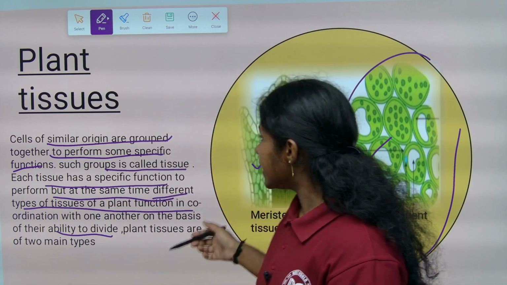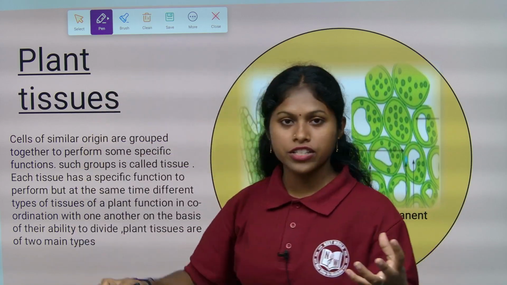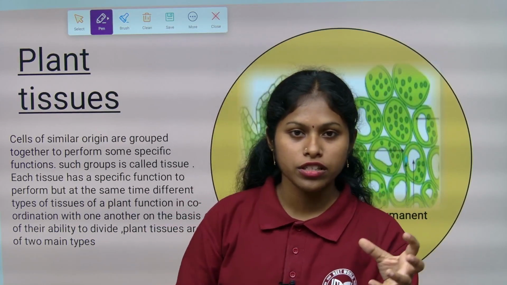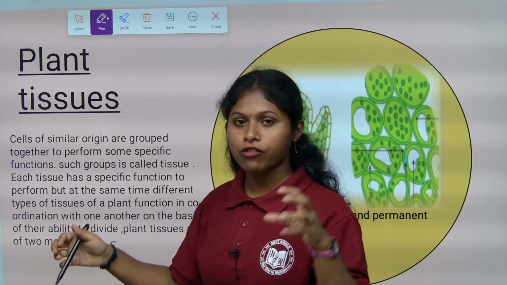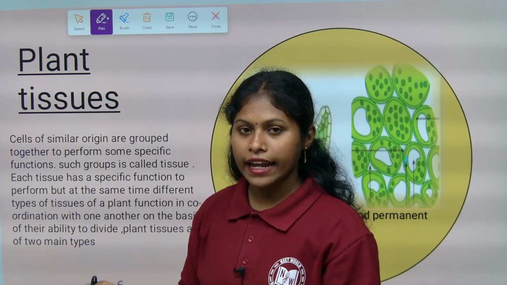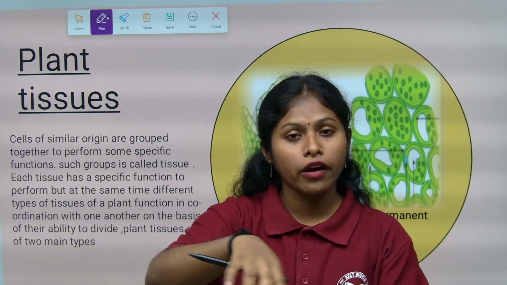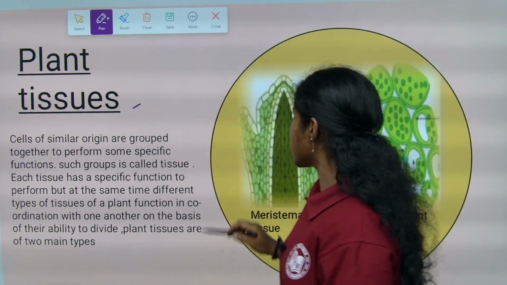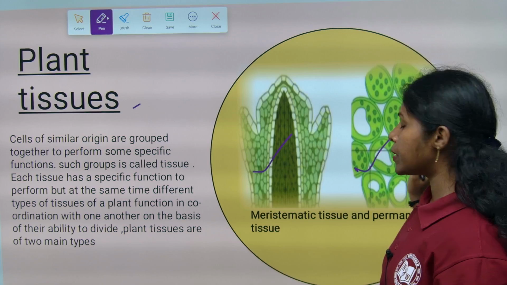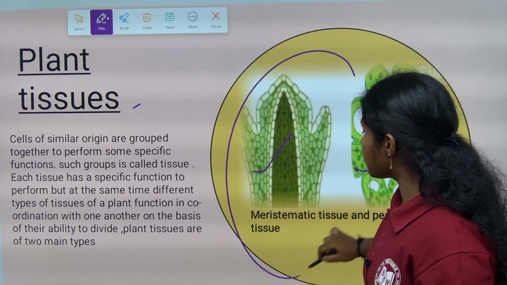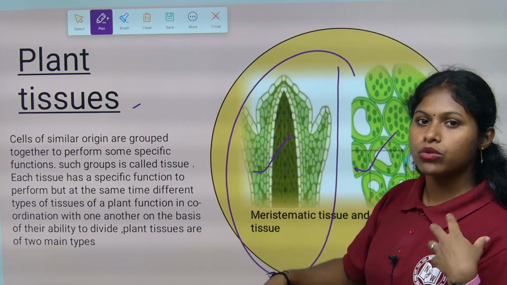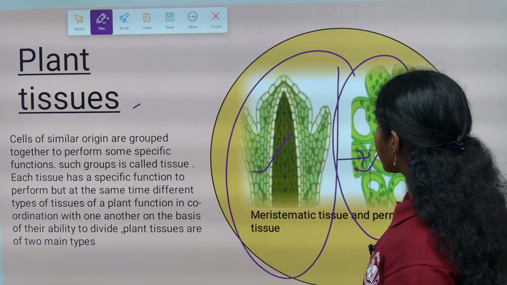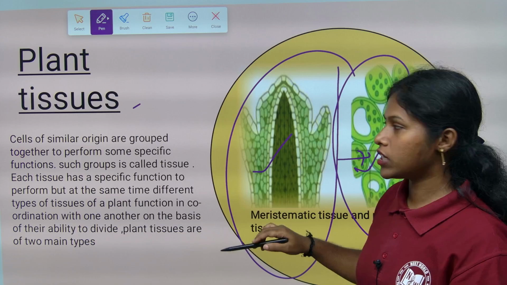A group of cells with similar origin performing specific functions, we call tissues. When the meristematic tissue loses the ability to divide, it becomes the permanent tissue, which performs a specific function, right children?